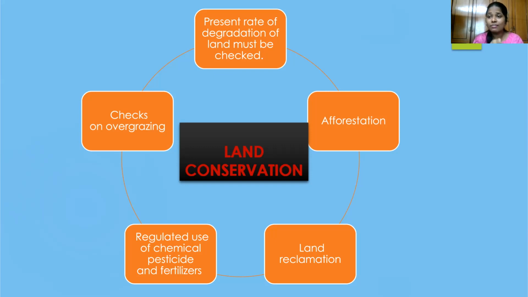We should regulate it, put a stop to it or try to limit that degradation. Okay. And also we should put a check on overgrazing, that pasture, the land is for the cattle, right? We should put a check on that overgrazing also.